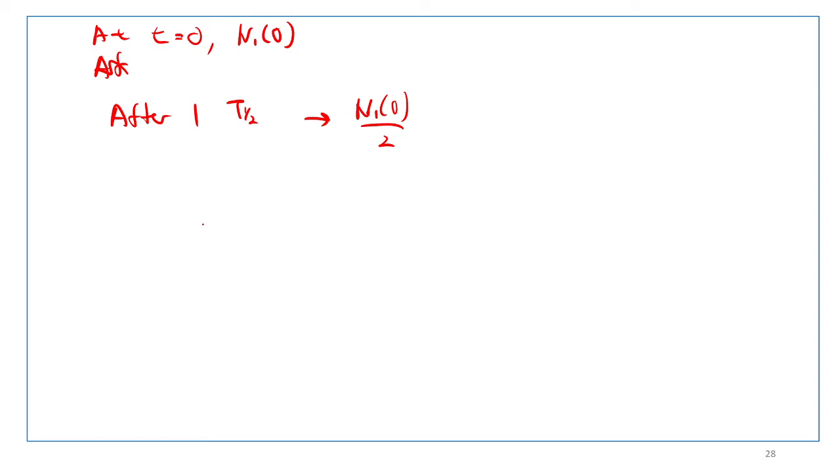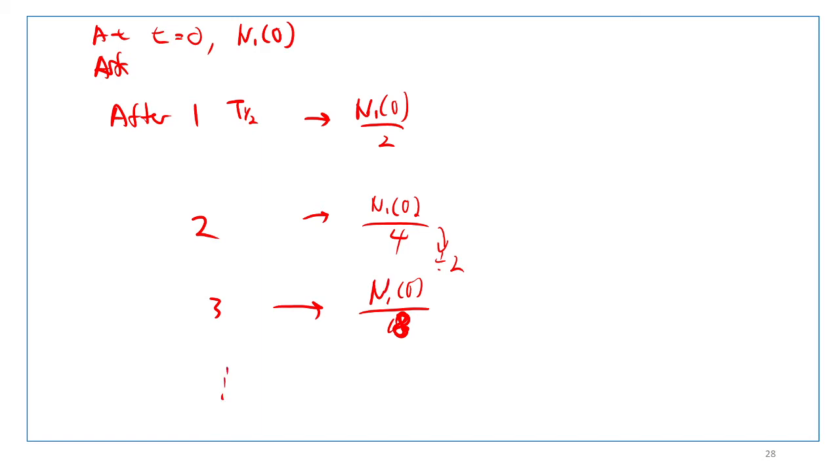So after 2 half-lives, it is further reduced by half, so you get N10 over 4. After 3 half-lives, N10 over 16. Oh no, not 16, over 8. This one divided by 2, you get N10 over 8. The story can be continued if you want.